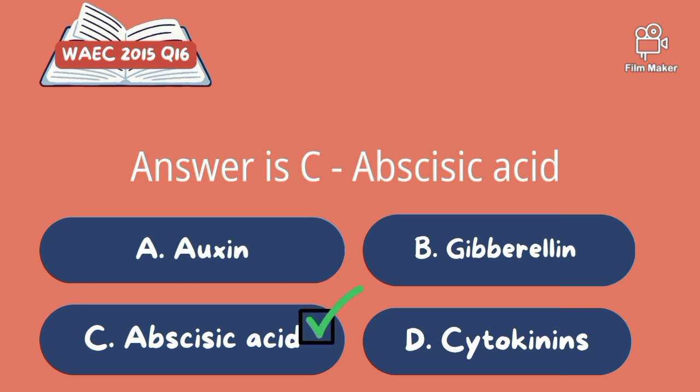So the farmer will use abscisic acid to prevent the seeds from sprouting during the period of storage. All other options, auxin, gibberellin, and cytokinins, are growth promoters. If they are used on the seeds, they will end up germinating.